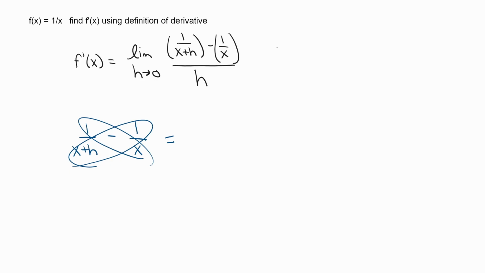So x times 1 will be x, minus x plus h times 1, which is just x plus h, divided by the denominators multiplied by each other. So you get x times x plus h. We can combine these two fractions and put it into the above equation, where we have the limit as h approaches 0. And we have our numerator as x minus x plus h, which is the same thing as canceling out our x's.